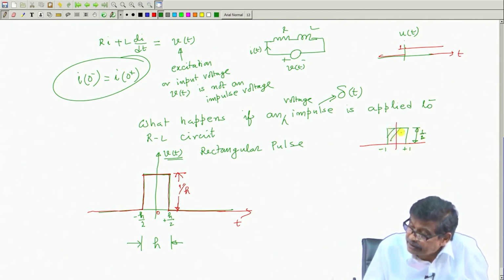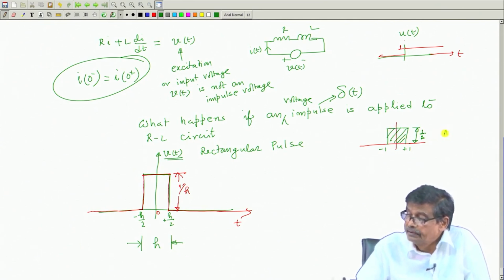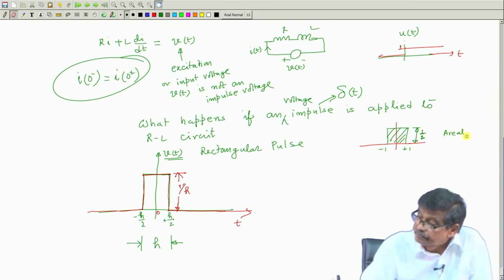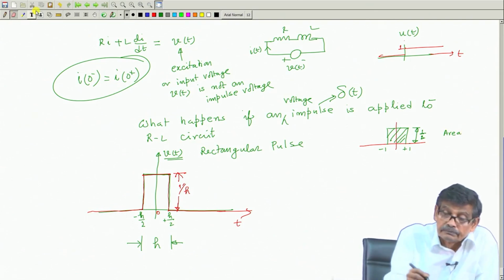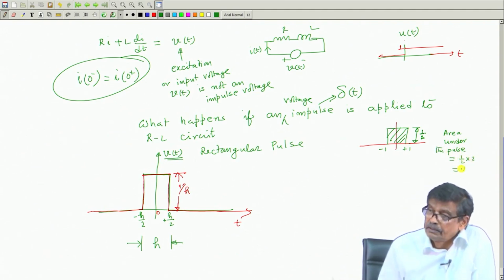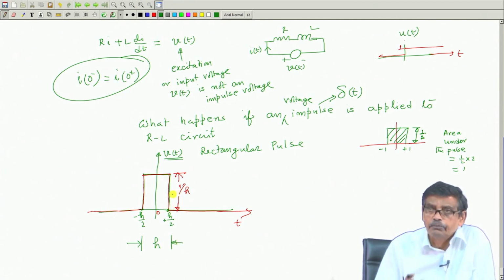What is the area of this rectangle? Half into 2, the area under the pulse, is equal to 1. So, as a general case, if you take plus h by 2 and minus h by 2, the width will be h, and the height of this pulse I will maintain as 1 by h.